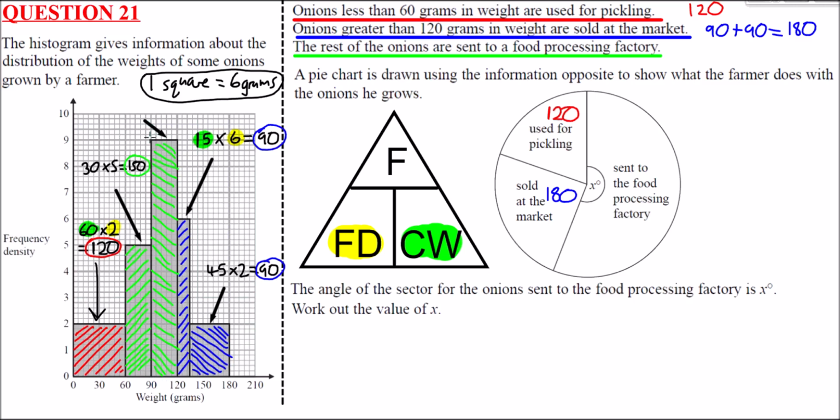So the frequency represented by this one is 30 times 9, that gives us 270. So 150 plus 270, total those up on your calculator or otherwise, that comes to 420.